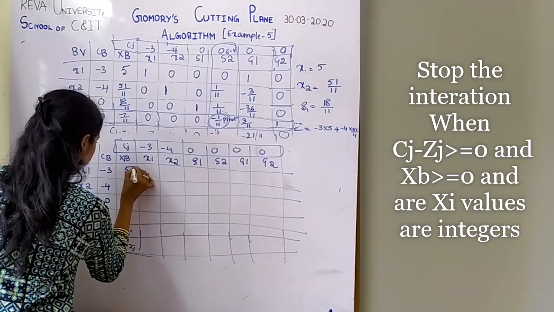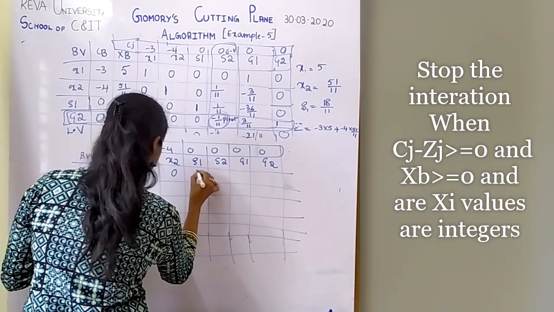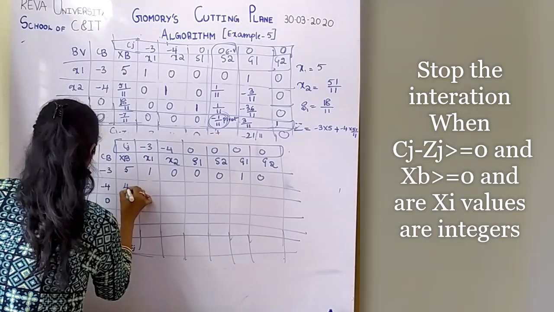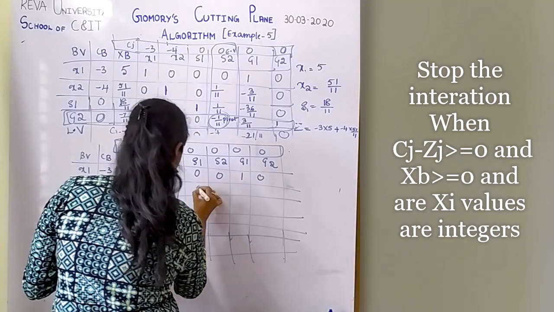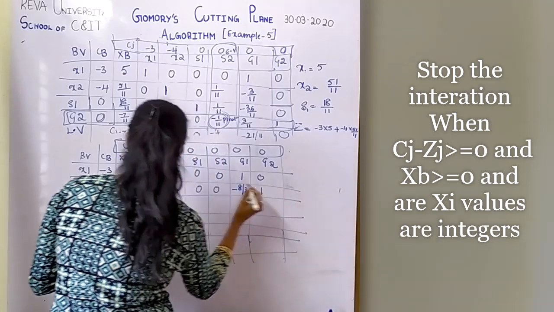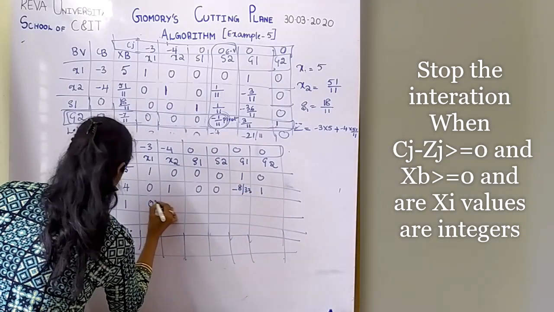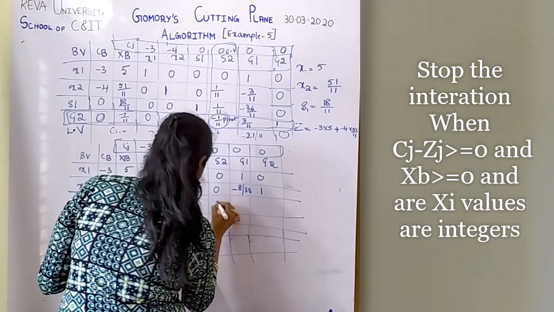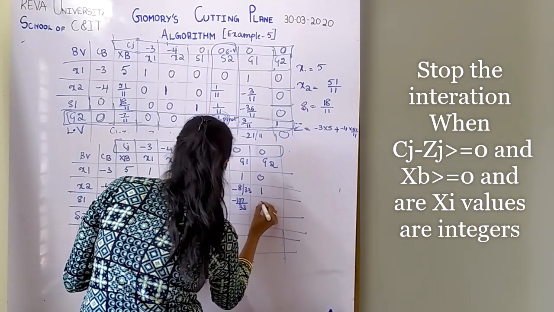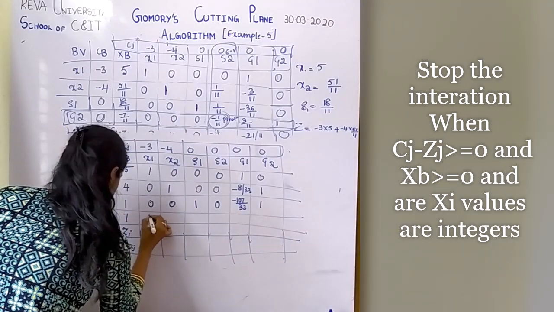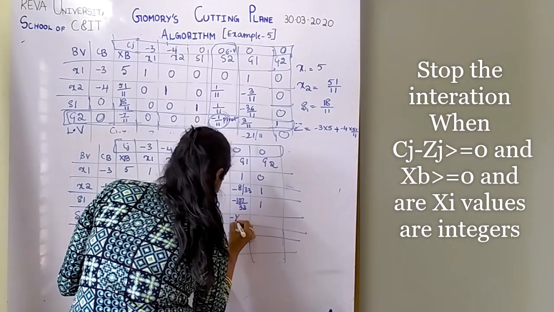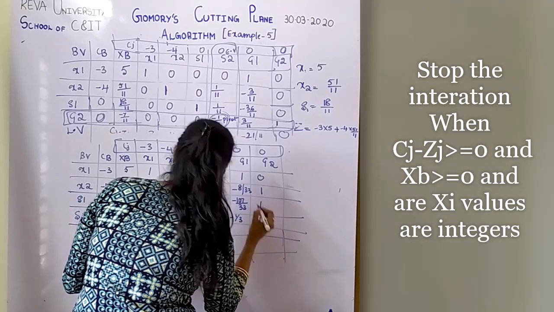You will get 5, 1, 0, 0, 0, 1, 0. 4, 0, 1, 0, 0, minus 8 by 33, 1. 1, 0, 0, 1, 0, minus 107 by 33, 1. 7, 0, 0, 0, 1, minus 1 by 3, minus 11.